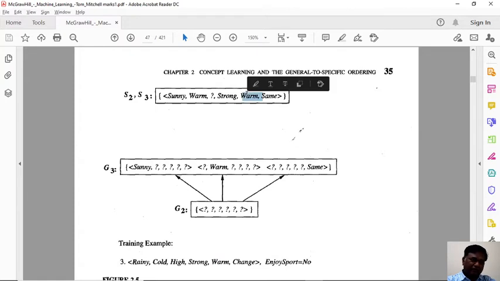When it was warm you enjoyed the sport, but today same warm you are not enjoying, so you cannot generalize. Same, you enjoyed the sport; change, you are not enjoying. So instead of change, if your input is same, you can enjoy, right? So that is the generalized concept on G3.